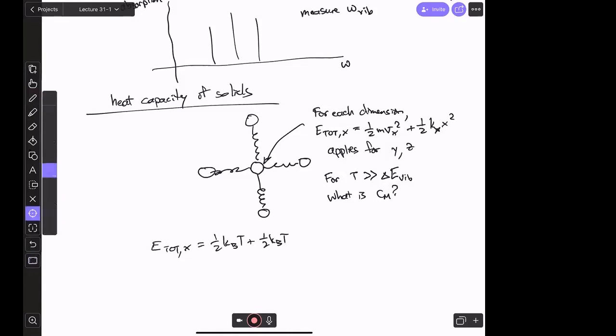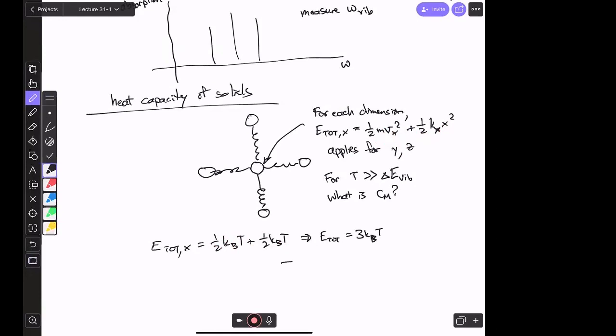So what Hannah is talking about is this is a velocity squared. This is a position squared. So each of them has 1/2 k_B T on average of thermal energy. Go ahead. So if you do that for each dimension, you'll end up getting a total energy of 3 k_B T. So there's total of 6/2 k_B T, which is equal to 3 k_B T for all 3 dimensions.